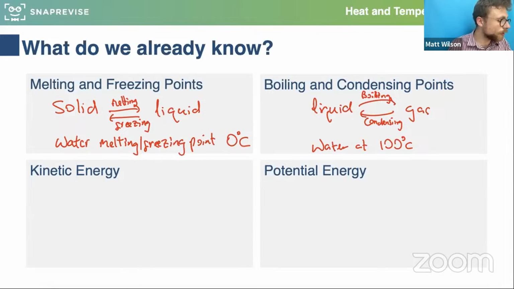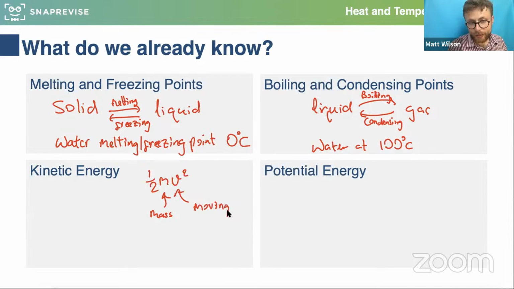It is 1/2 mv squared. If we take a look at this formula, it's telling us that we have some mass which is in some way moving. In other words, it has some velocity. The more mass you have, the more movement the mass has, the more kinetic energy you have. In other words, kinetic energy is the energy due to motion.